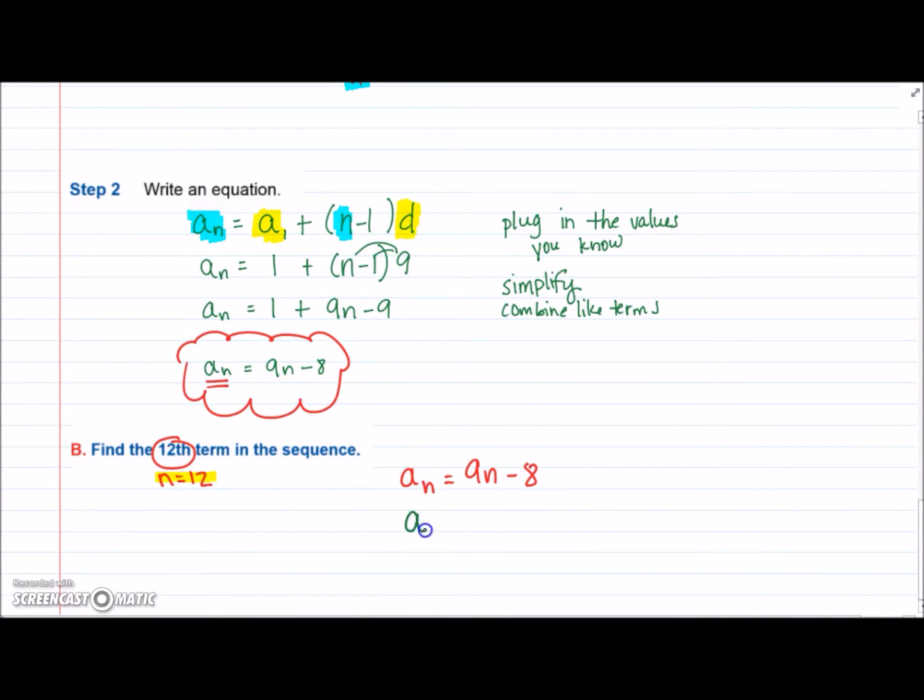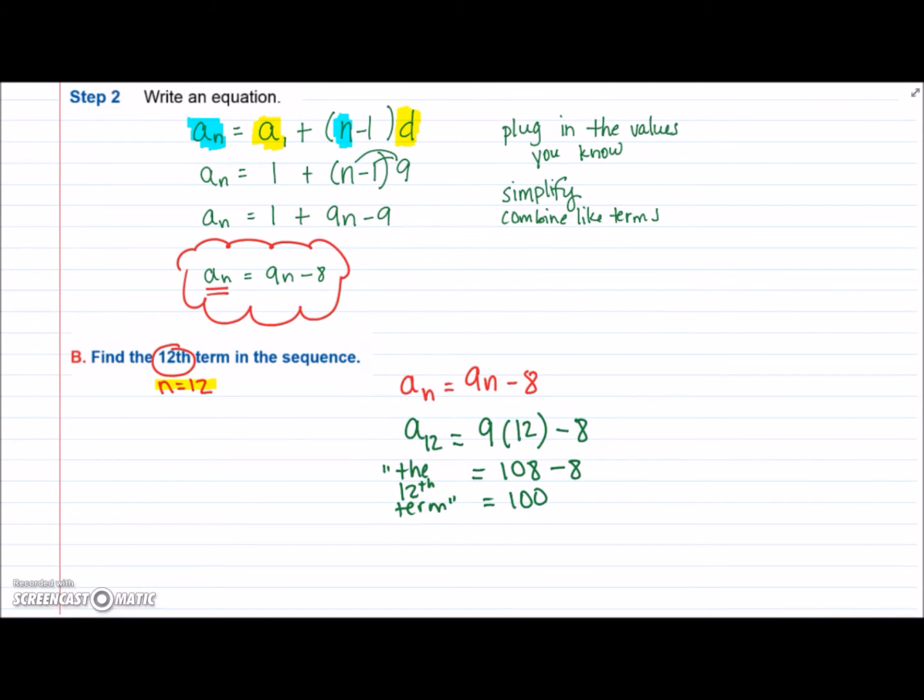So a sub 12, which means the 12th term, that's just fancy notation, the 12th term is 9 times 12, because that's what n is, right? Minus 8. And 9 times 12 is 108. Minus 8 equals 100. So the 12th term is 100. Instead of having to list them all out, this formula helps us find it.